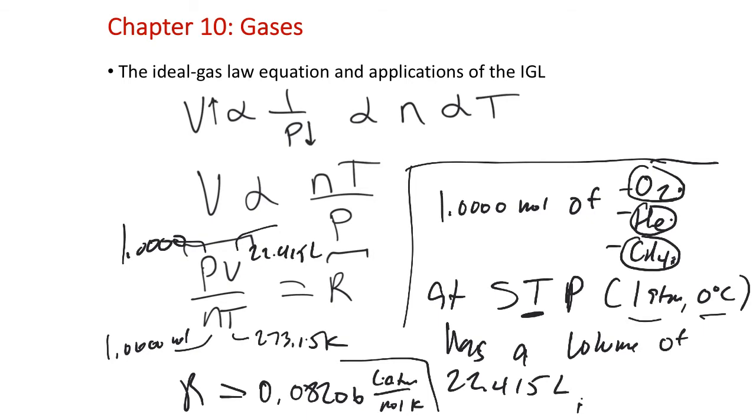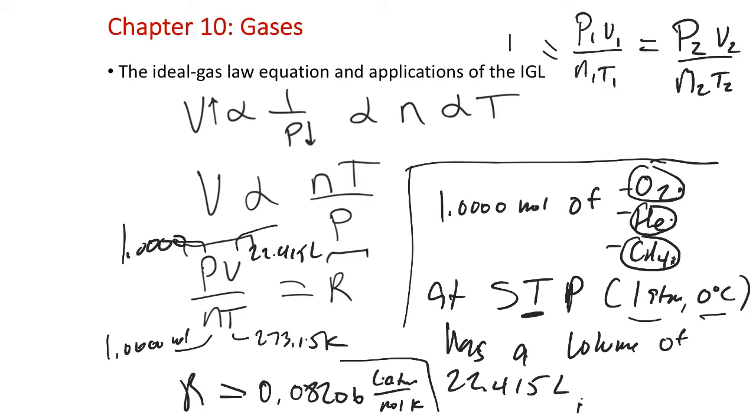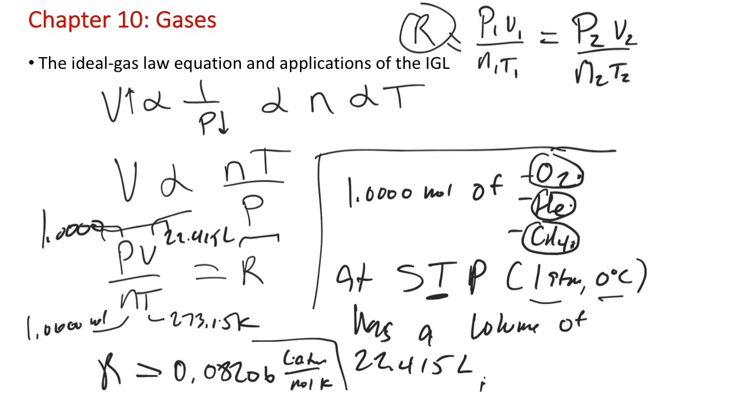So some applications of the ideal gas law are that we can change our initial set of conditions. If you take any of these variables and change them, say you change the pressure, you have to change at least one of the other variables accordingly. Because P1V1 over n1T1, our initial set of conditions, is equal to the ideal gas constant, then after we make our changes, those are still equal to the ideal gas constant, so they're equal to each other.